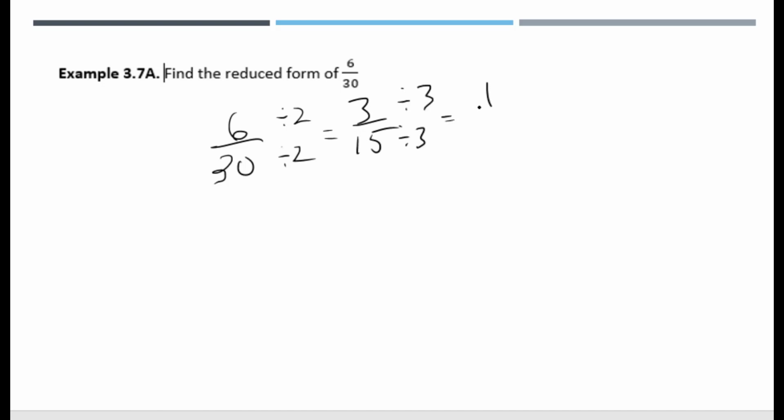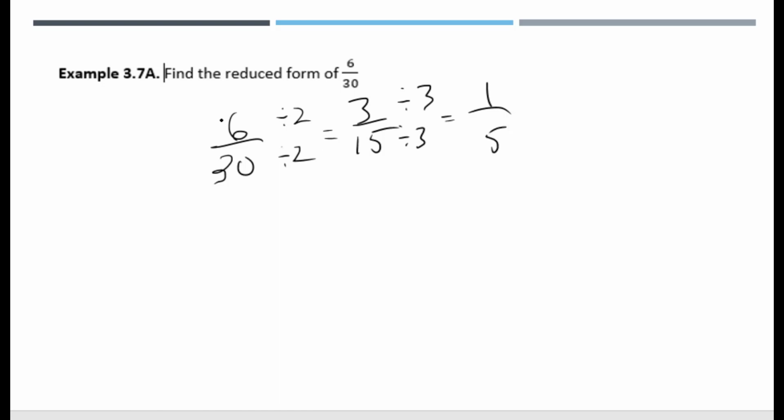Okay, so in this problem, I'm just going to reduce this fraction. Now, a lot of students will divide the numerator by 2 and divide the denominator by 2, because both are even numbers, so they're both divisible by 2 evenly, and get 3/15. And then maybe they recognize that they can also go ahead and divide by 3 and divide by 3 and get 1/5.